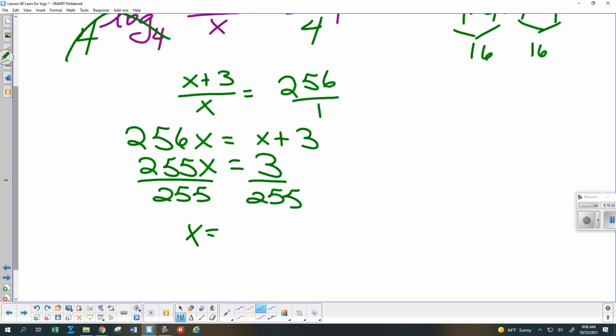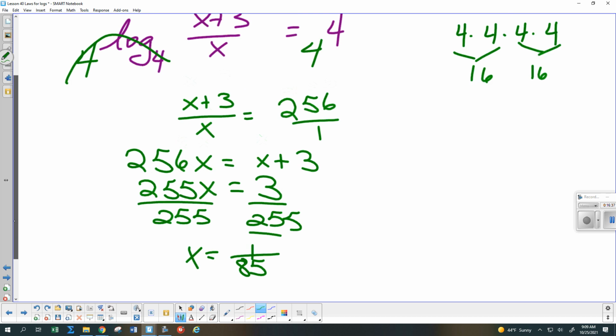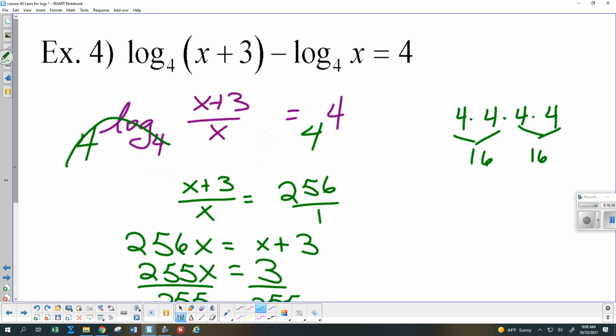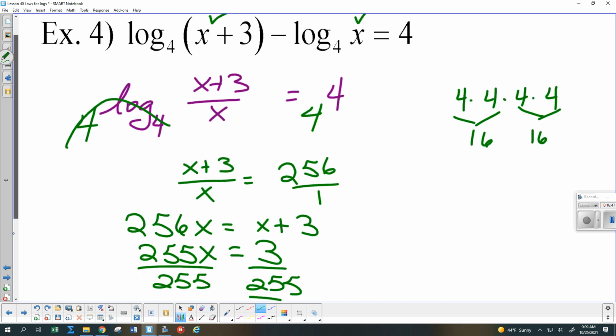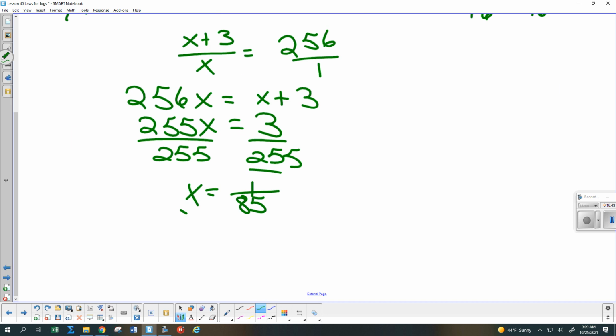That's a multiple of 3, so yes, I can divide 255 by 3, so it's going to be 1 over 85, I think. Then we go back and we check that up in the original arguments. 1 over 85 plus 3, that's positive, right? 1 over 85 is positive, so I'm in good shape, and I keep that for my answer.